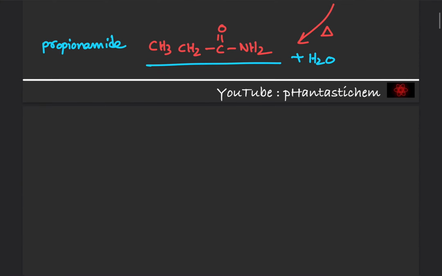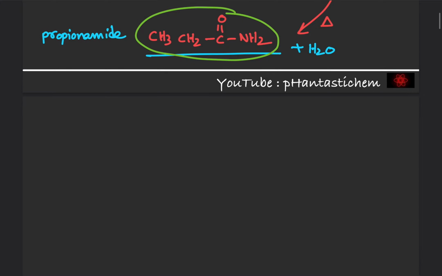Then propionamide is reacting with the second set of reagents, that is NaOH and Br2.